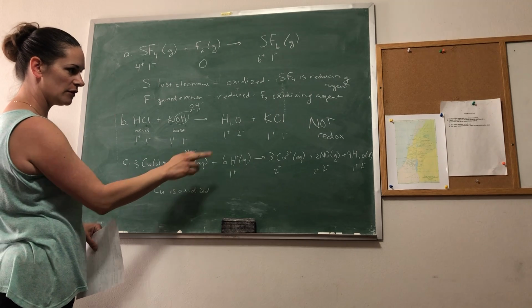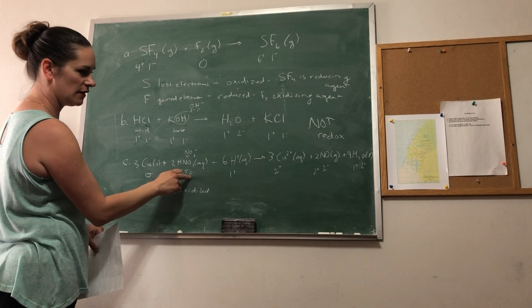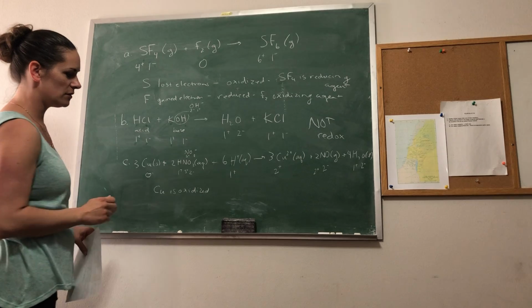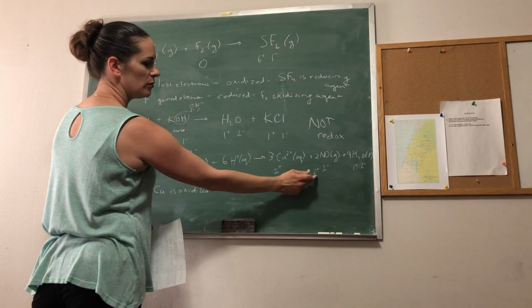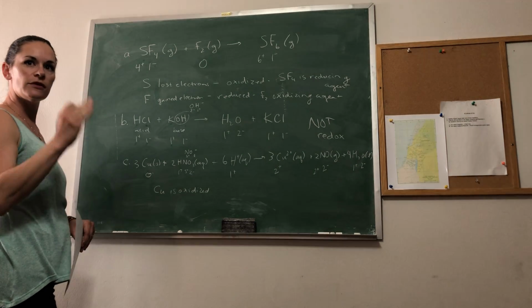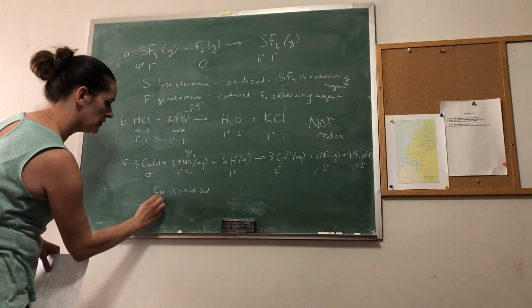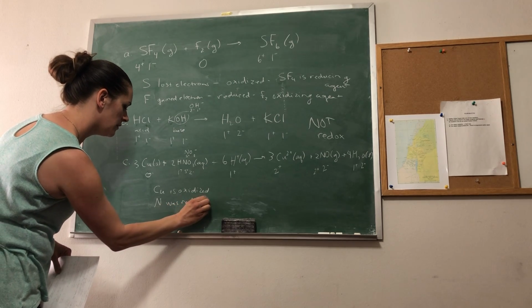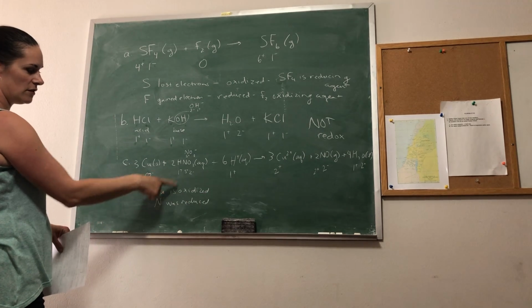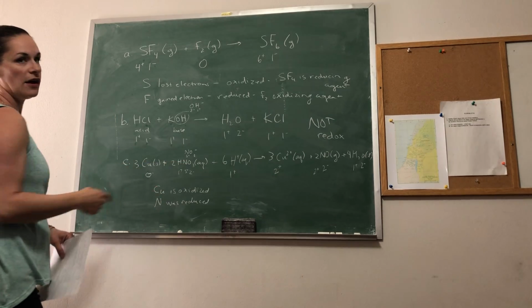Hydrogen stayed the same, +1. Oxygen stayed the same, 2 minus. What about nitrogen? It went from 5 plus to 2 plus, so it was reduced with 3 electrons. And then copper would be the reducing agent. HNO3 is the oxidizing agent.